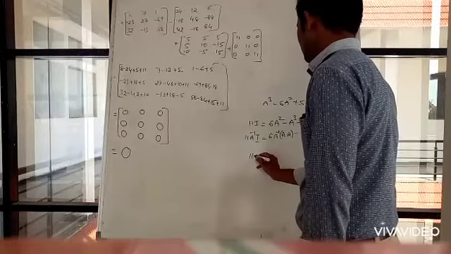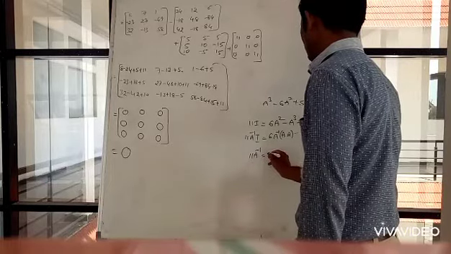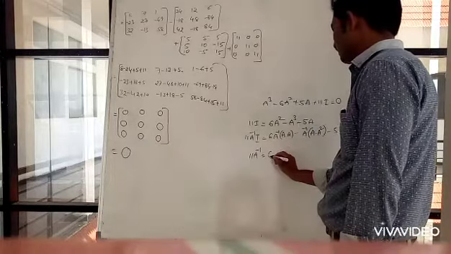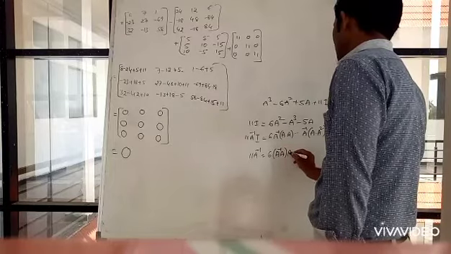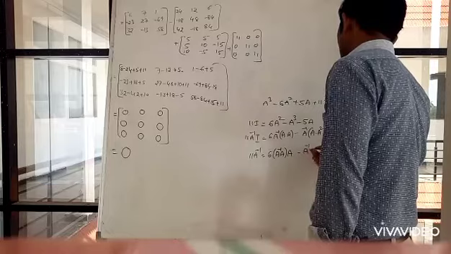So A inverse is equal to, by associative property it will be like this, A inverse into A into A. And also associative property.